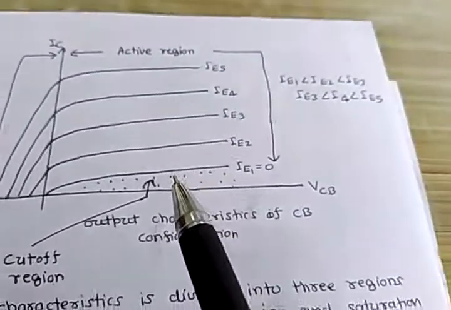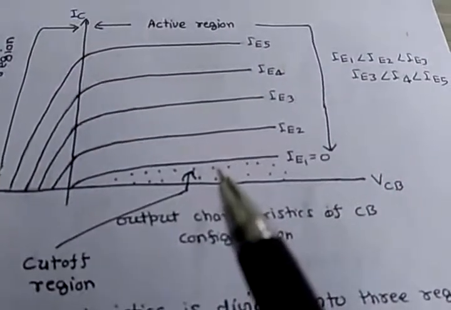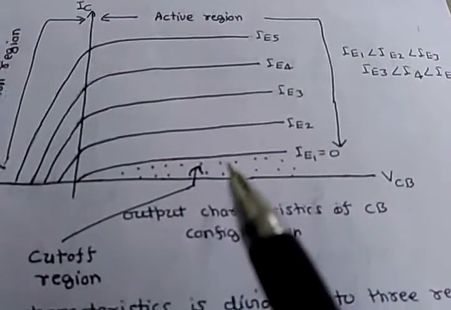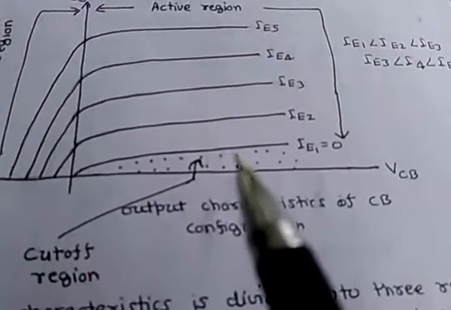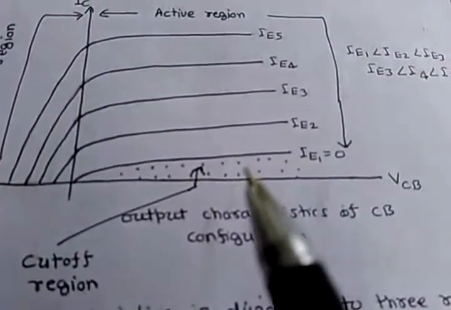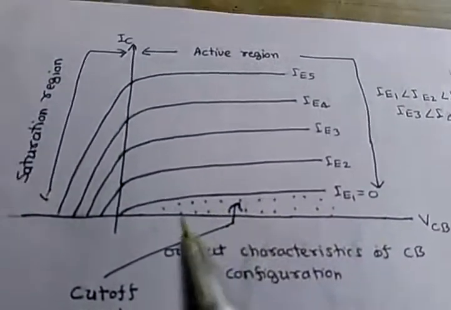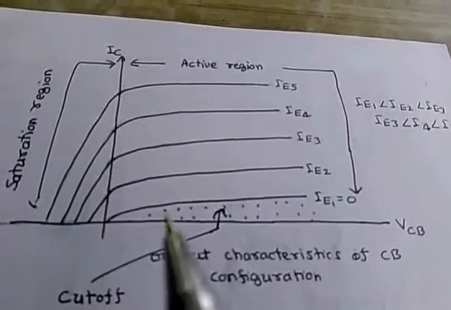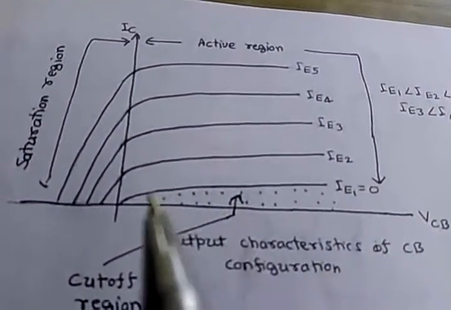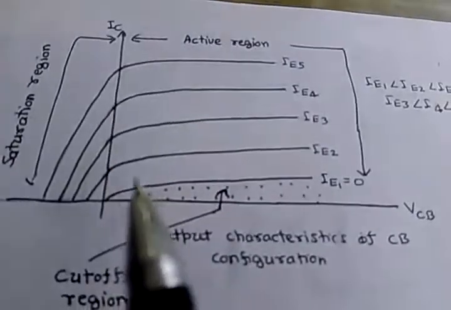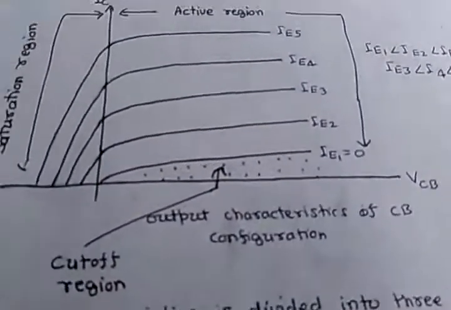In the cutoff region, both the junctions, emitter base junction and collector base junction, are reverse biased. As we are seeing from the characteristics, when IE equals 0, the collector current is not 0. In case of IE equals 0, a small collector current flows through the circuit. This is due to the leakage current.